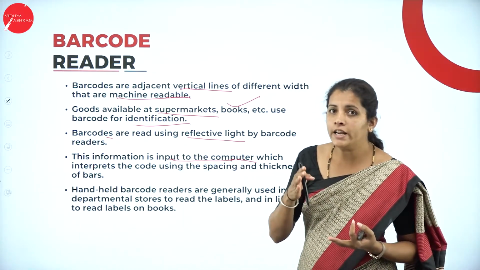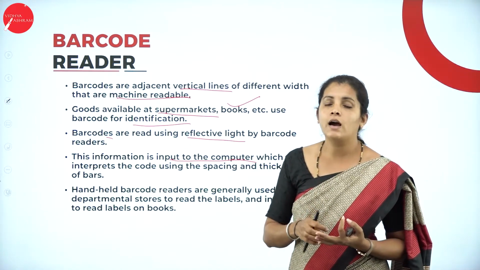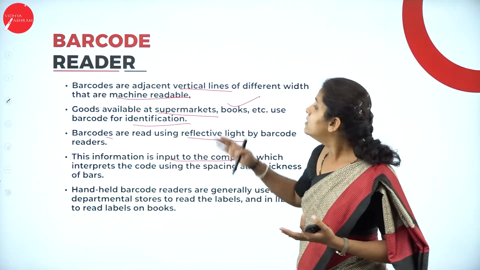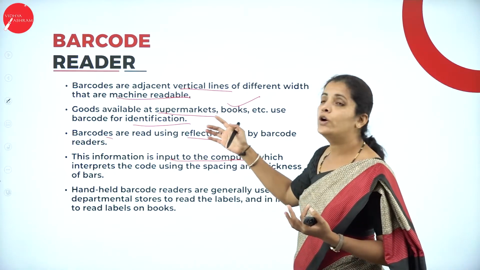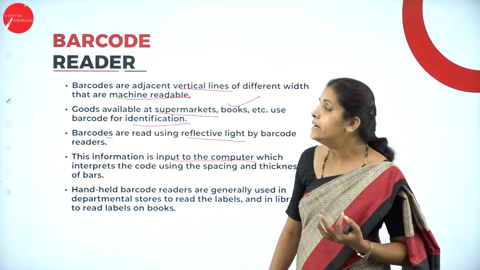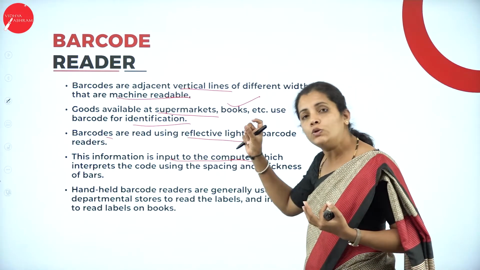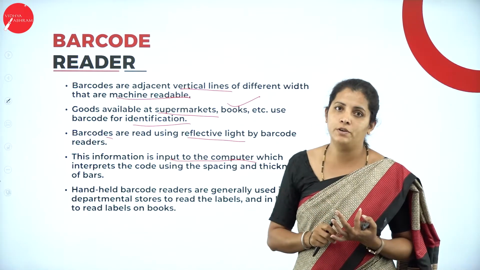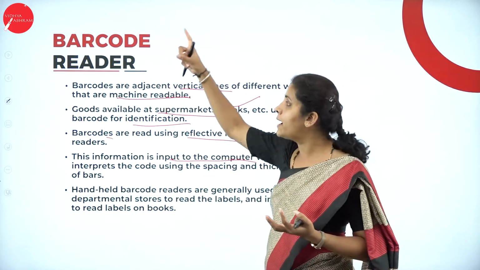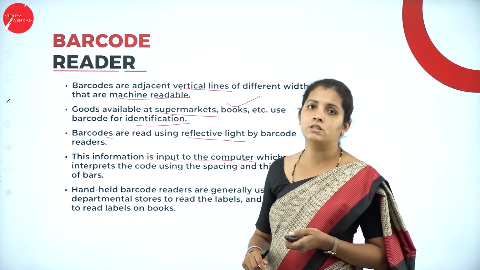The barcode reader is responsible for reading the information, and to read it, it uses reflected light. Then the information read by the barcode reader is given to the computer for further processing.